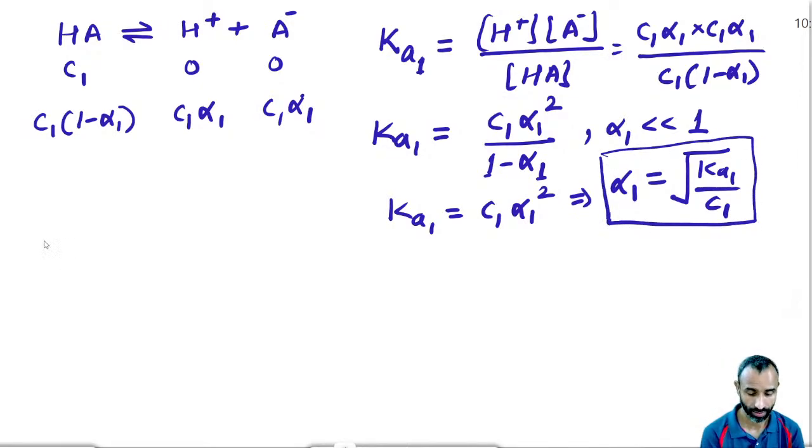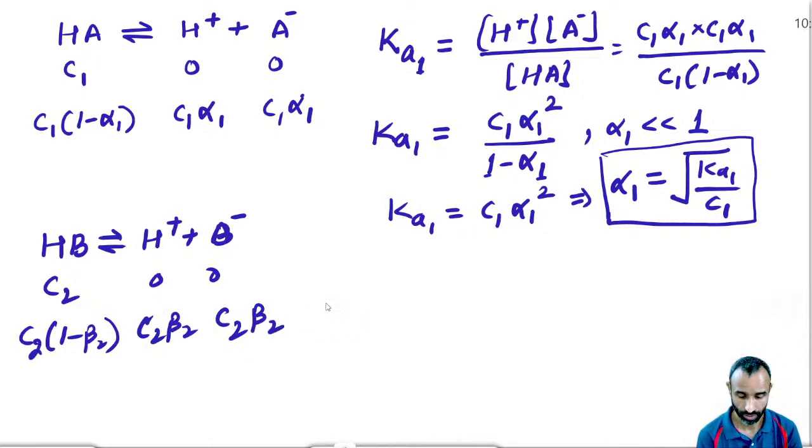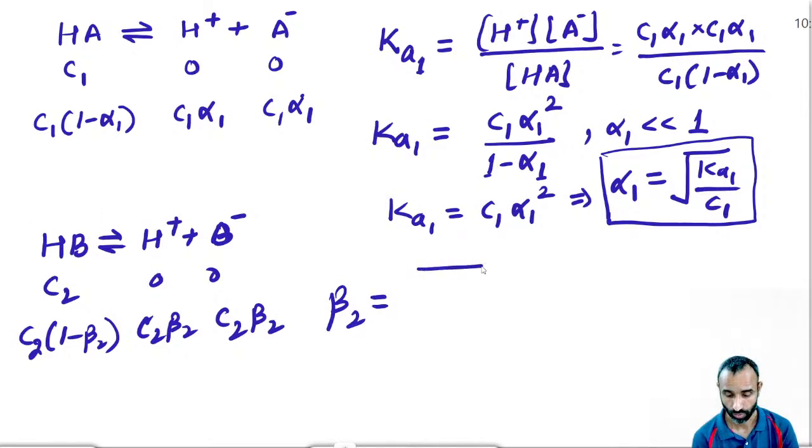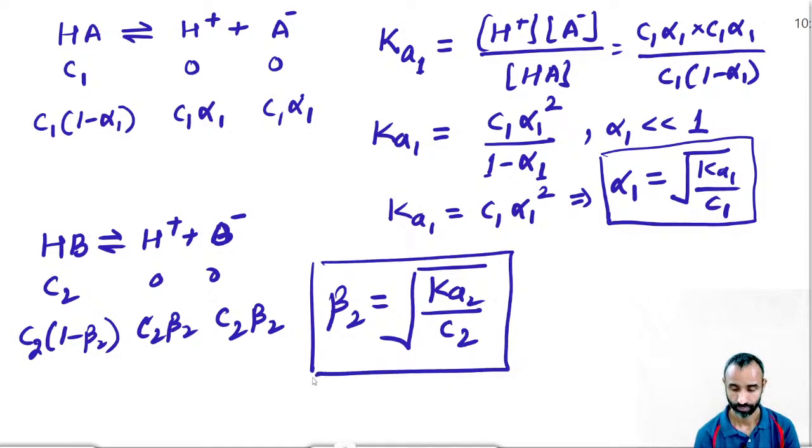On the same line, when we take into account HB, same expression: C2, 0, 0, C2(1 minus beta 2), C2 beta 2, C2 beta 2. So here, let us say its dissociation constant is Ka2. So beta 2 comes out to be square root of Ka2 by C2. So this is from HA, this is from HB.